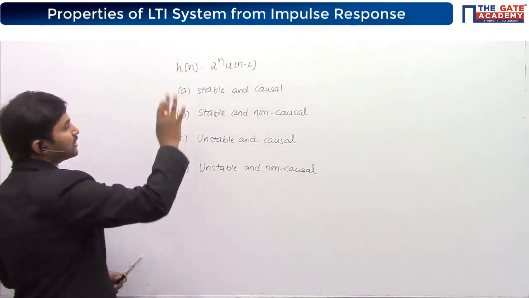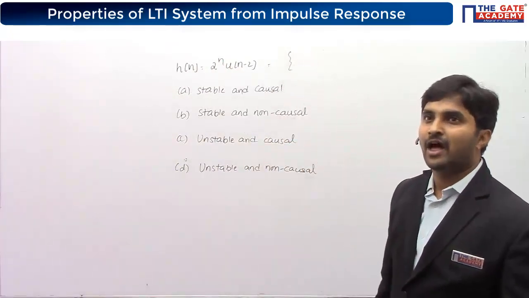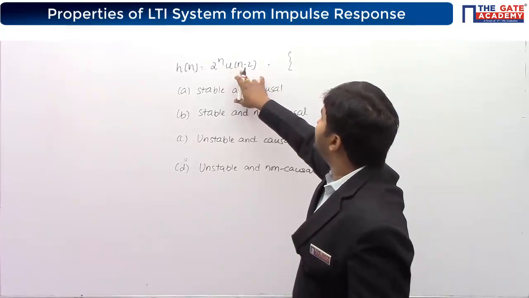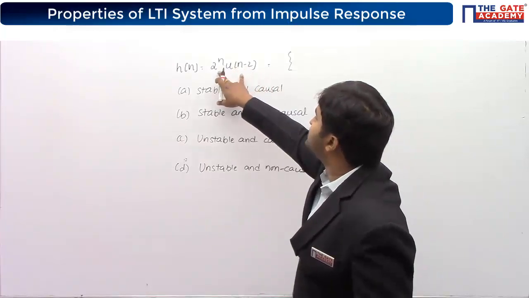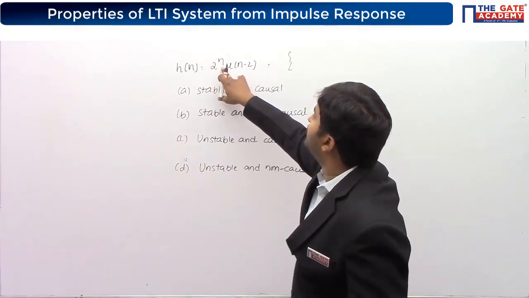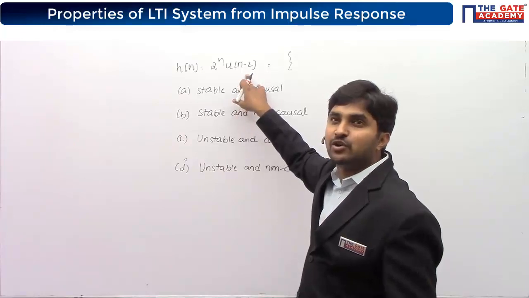Let us try to represent it in terms of a sequence. You are starting with n equal to 0. 2 power 0 into u of minus 2.